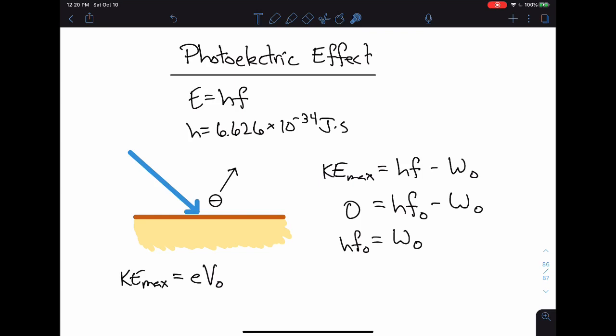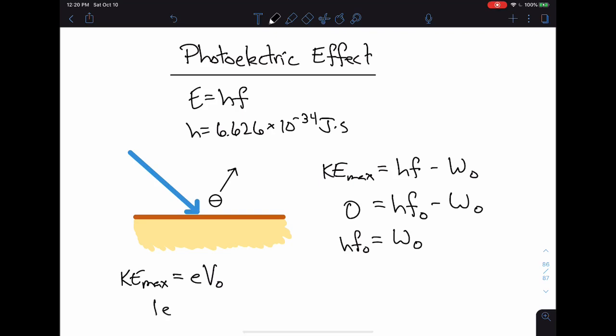But this also gives rise to a unit known as the electron volt. So if you let e be 1 and you let V be 1, that would be 1 electron volt. So if I let e be 1 and V naught is 1, then I get 1 electron volt.